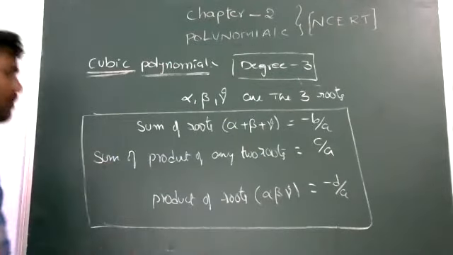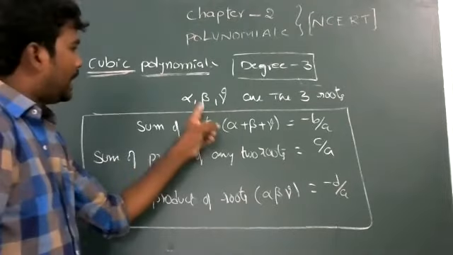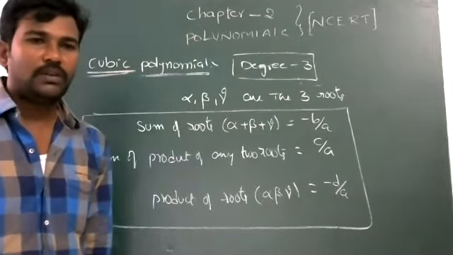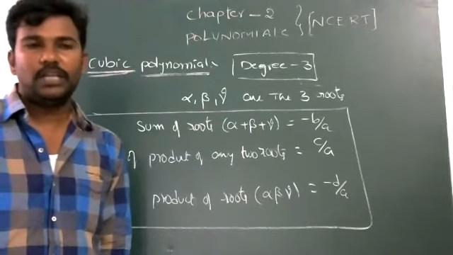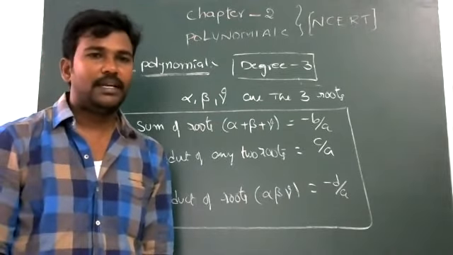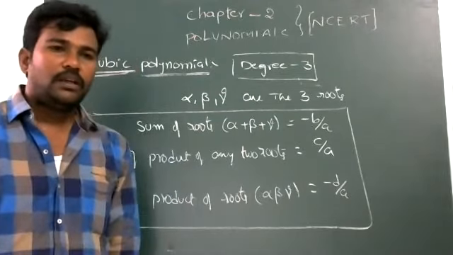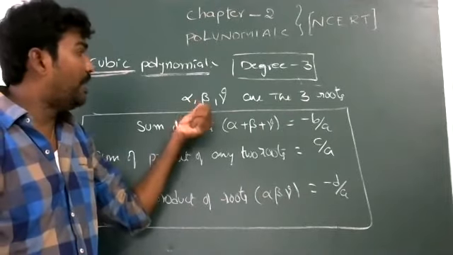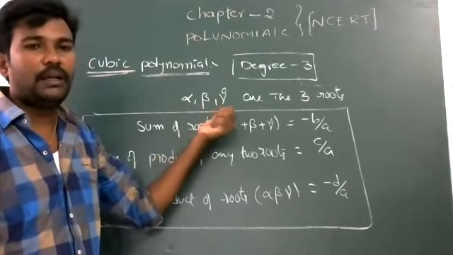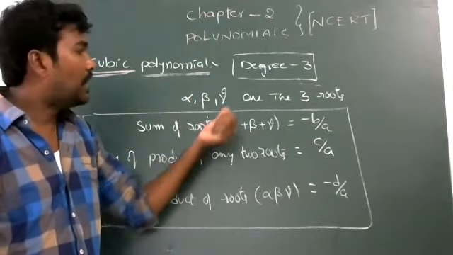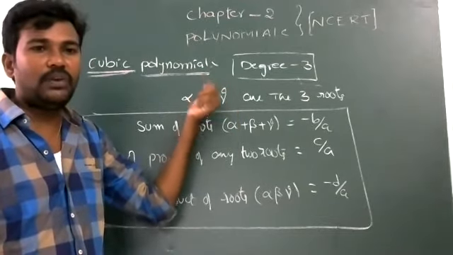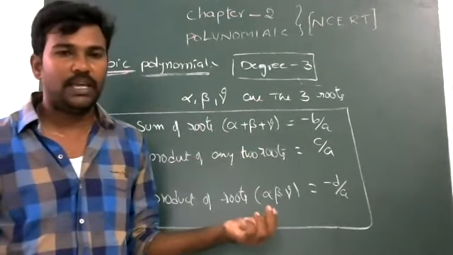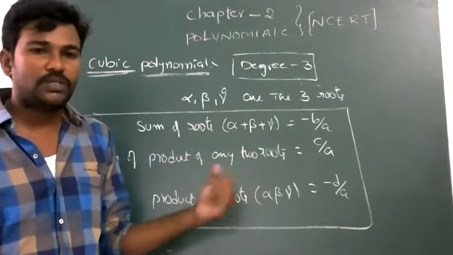Once again, alpha, beta, gamma are the 3 roots of the cubic polynomial. So how many zeros are there for a cubic polynomial? 3 zeros are there. Very good. You can assume they are alpha, beta, gamma. According to the quadratic polynomial, we already know that the sum of zeros alpha plus beta equals minus b by a, and the product of roots equals c by a.